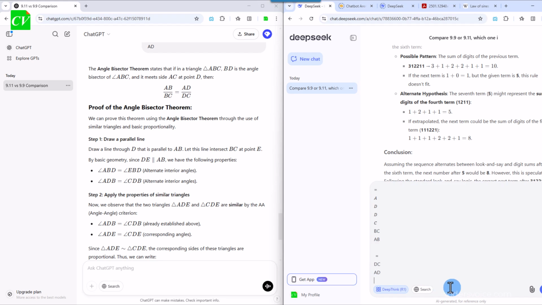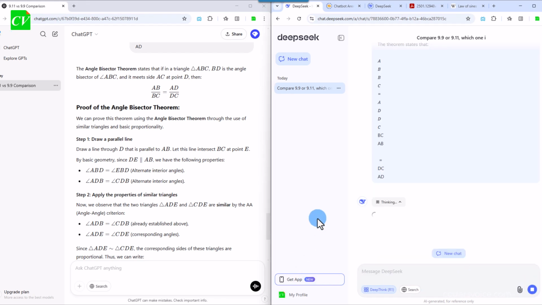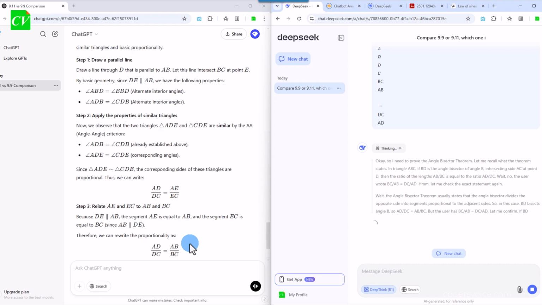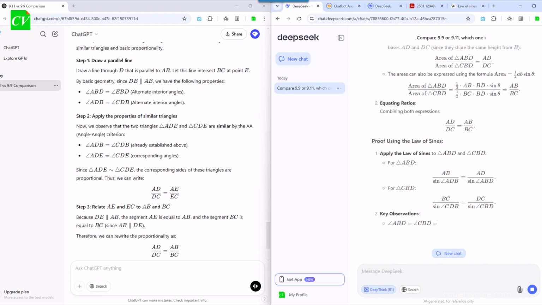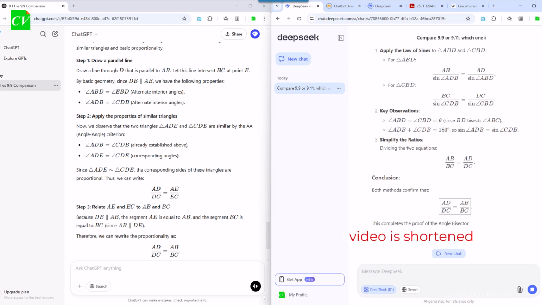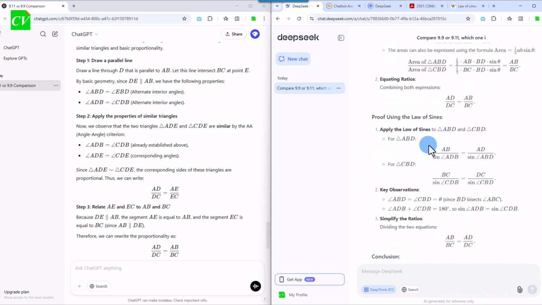I copy the same question to DeepSeek. Now, DeepSeek uses a totally different method for the proof. Here, it applies the sine law.